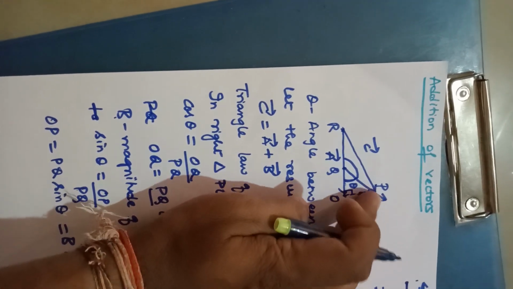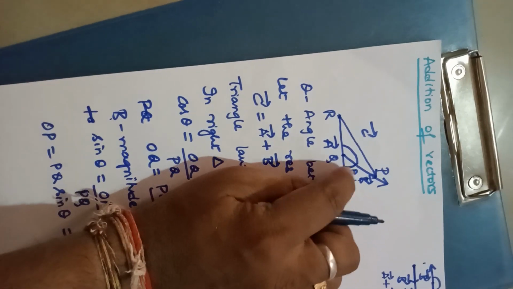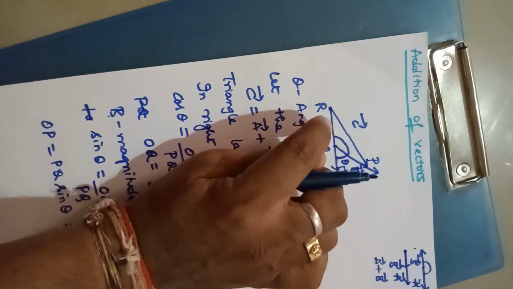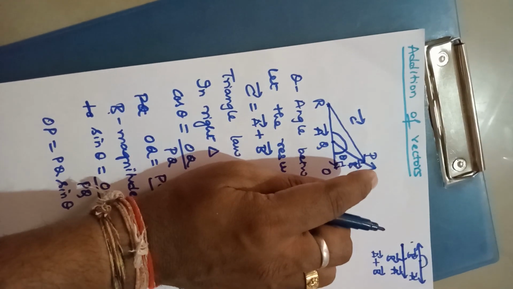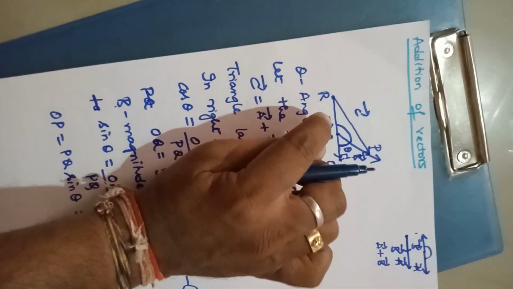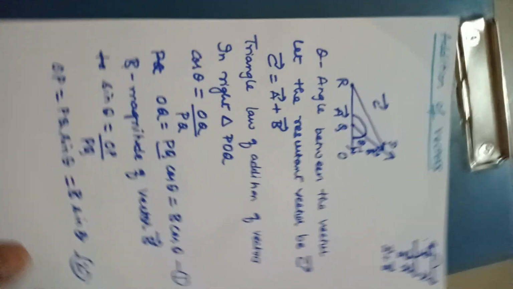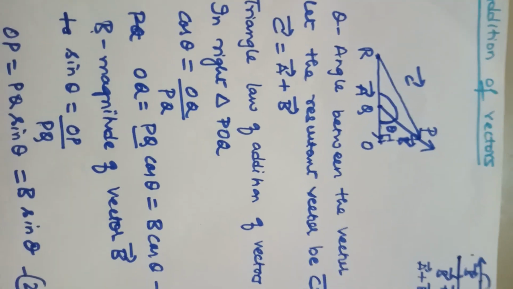If I consider the triangle POR, you can observe that PR is the side opposite to the right angle, and therefore PR is the hypotenuse of triangle POR. So the length of the hypotenuse of triangle POR will give us the magnitude of vector C. So let's find out the length of the hypotenuse PR.